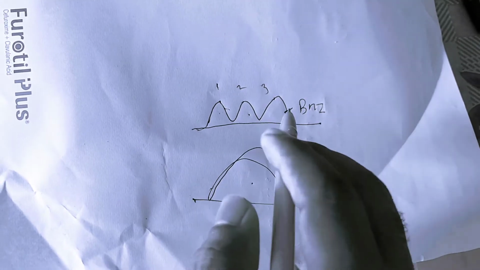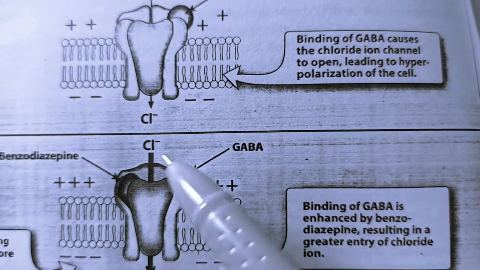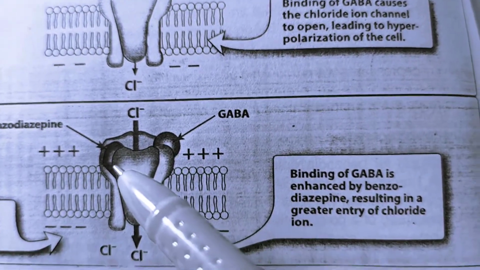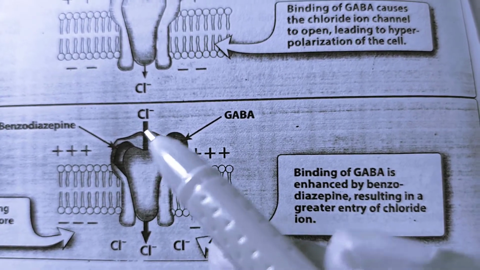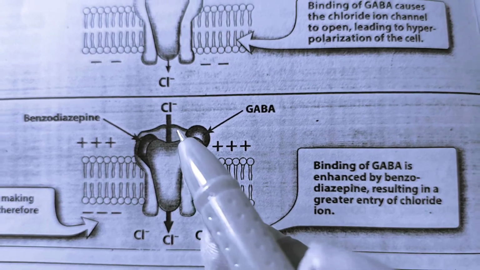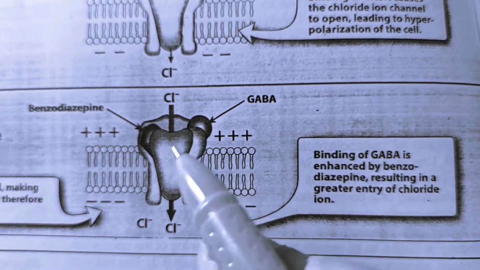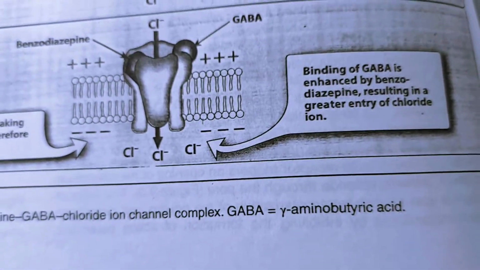So the binding of the benzodiazepine to this receptor opens the chloride channel more frequently. Benzodiazepine increases the frequency of chloride channel opening.